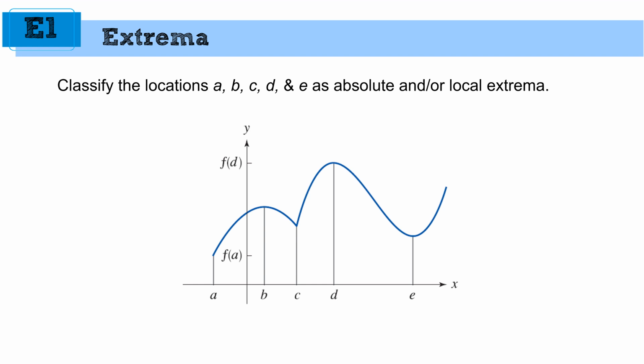What about B as in badger? A local max. Good. C? Local min. Okay. D? Both maxes, absolute and local. Yeah. Okay. And then E? Local min. Good. Does that seem fairly easy to everybody?